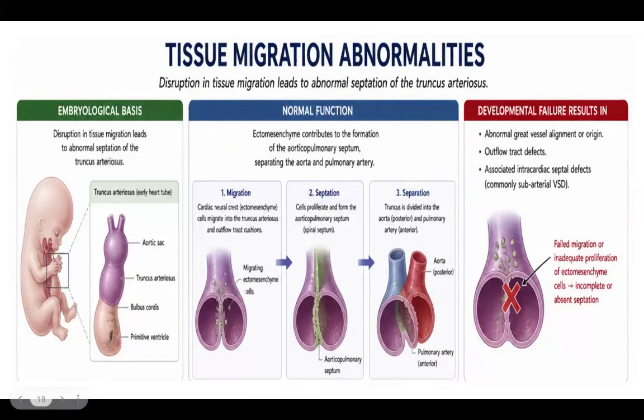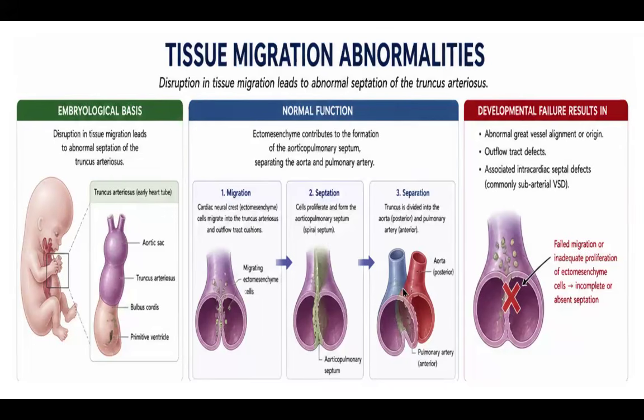Now, normally they should start some type of septation or separation that happens. Okay, which you can see where it builds up here in the center. And so then that's where that spiraling starts to happen and a separation will occur. Okay, now from there, that third portion will start with the truncus dividing, and that's where we get our great arteries.